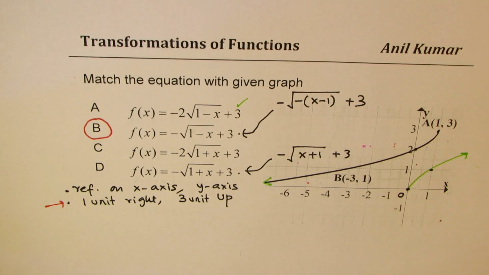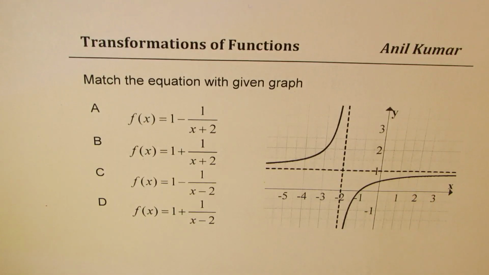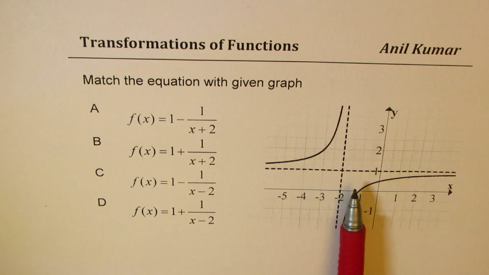Let's take the last question now, which is based on reciprocal function transformed. So what we have here is a reciprocal function transformed. Can you match the equation with the given graph? Pause the video, answer, and then look into my suggestion.